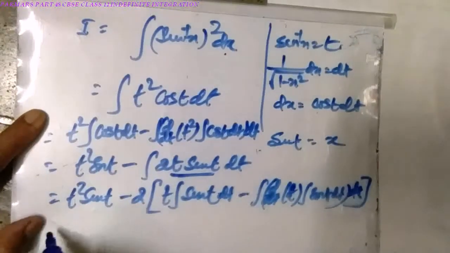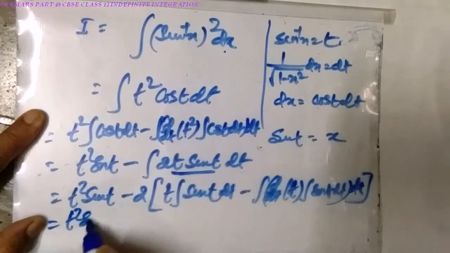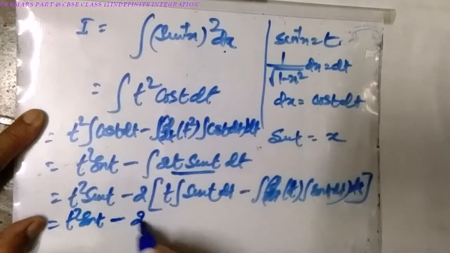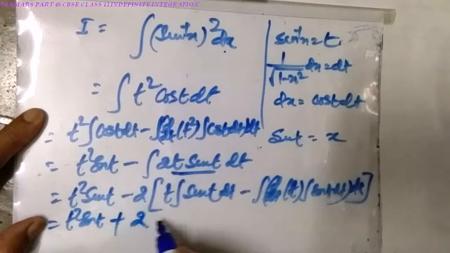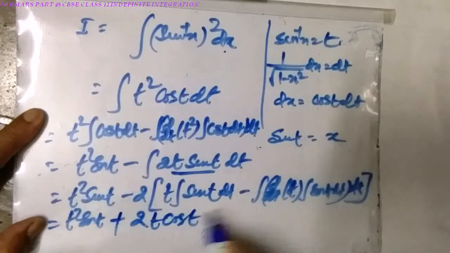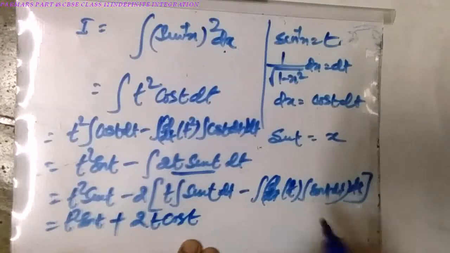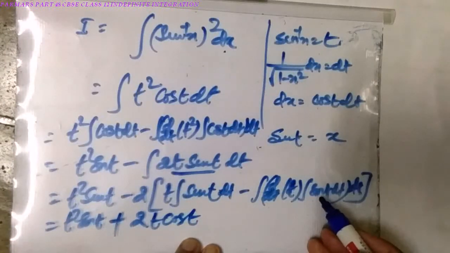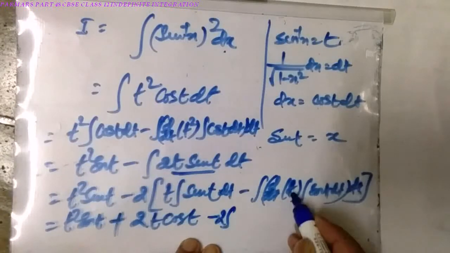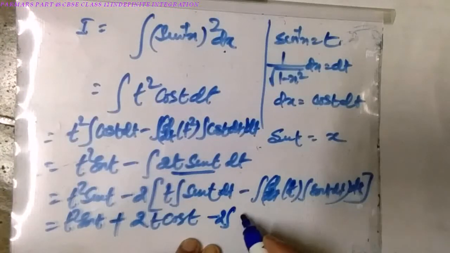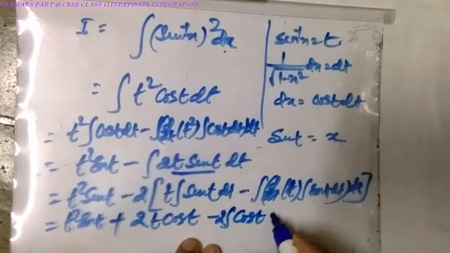So this way we get t square sin t minus 2 times, integration of sin t is minus cos t, minus minus plus 2t cos t. Again here, integration of sin t is minus cos t, so minus 2 times the differentiation of t, which is 1, times cos t dt.